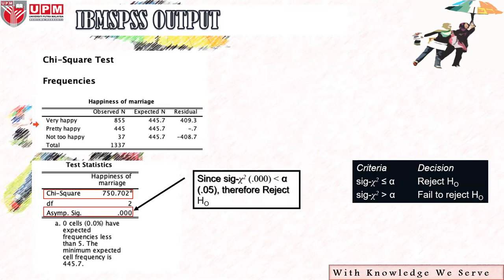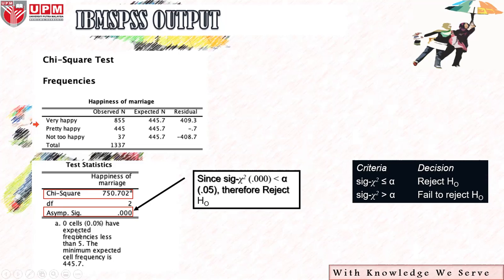To check whether our result is significant or not, we refer to the asymptotic significance value. We will use this value to make our conclusion later. Previously I said there is a requirement that we need to follow: shouldn't be less than 5 for 20% of cells.